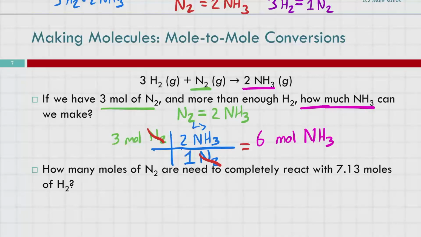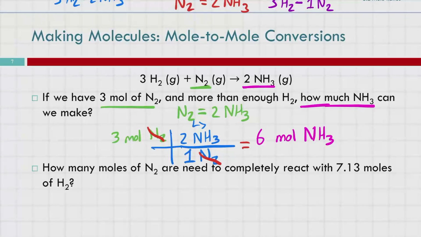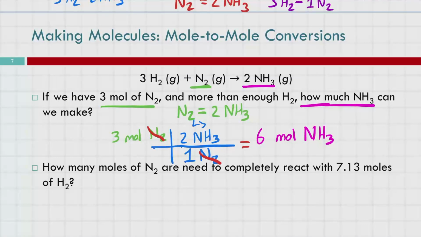We can also ask a different problem. How many moles of N2 are needed to completely react with 7.13 moles of H2? So in this second one, what are the two chemicals that we care about? We have H2, because we are given 7.13 moles of H2.